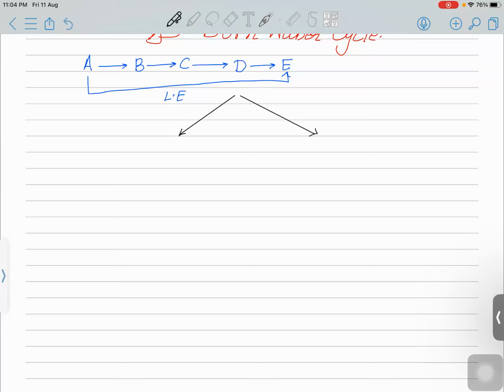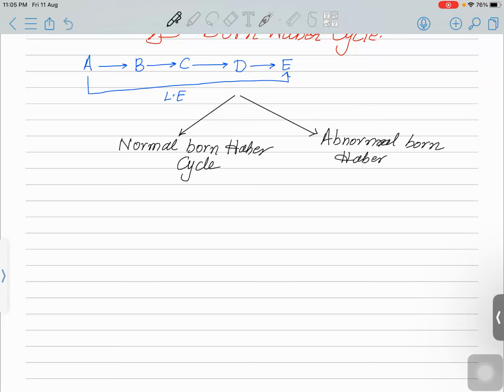I name the first type the normal Born-Haber cycle, and the second one the abnormal Born-Haber cycle. You cannot find these two in any book or on Google, because this cognitive method is mine.